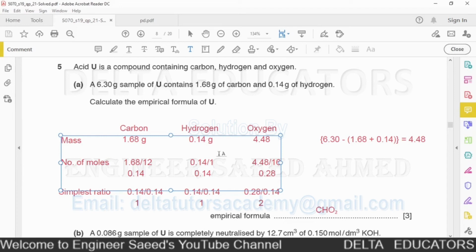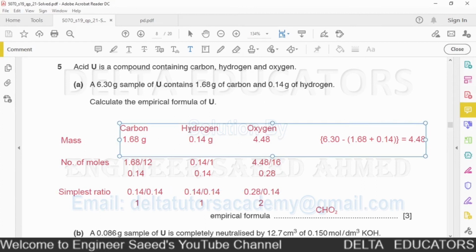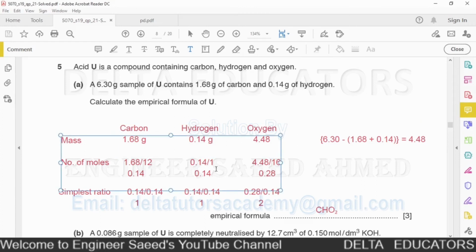So the number of moles of hydrogen will be 0.14. For oxygen, mass is 4.48 and relative atomic mass of oxygen is 16. By dividing 4.48 by 16, we get 0.28. So the number of moles of carbon is 0.14, hydrogen is 0.14, and oxygen is 0.28.